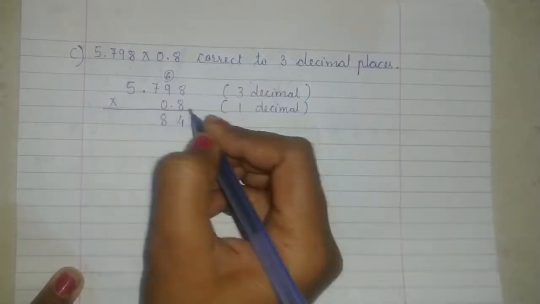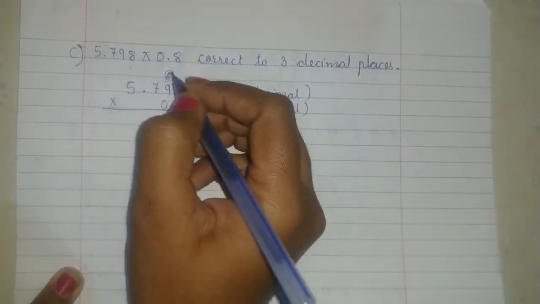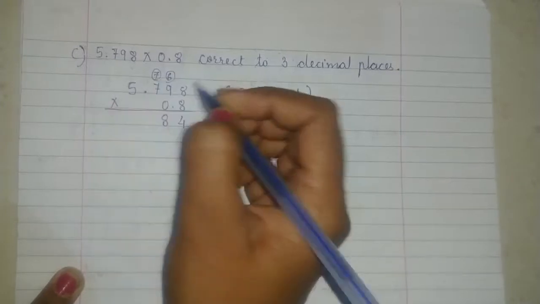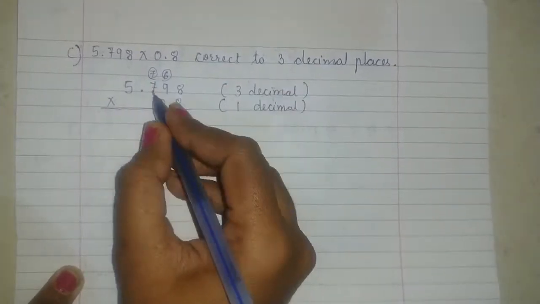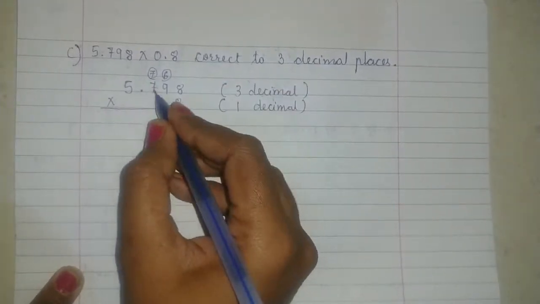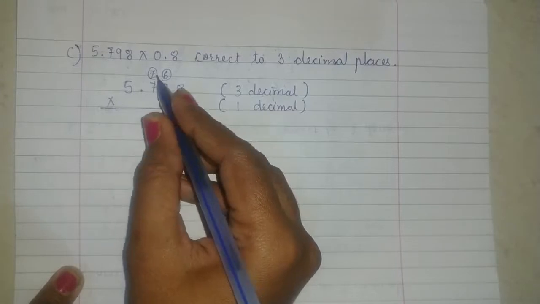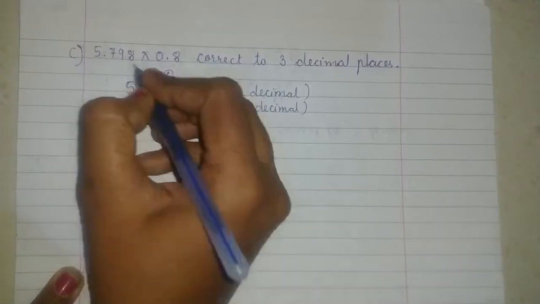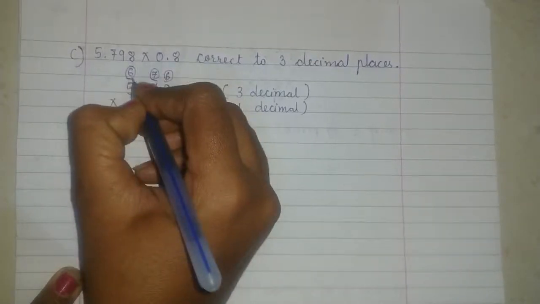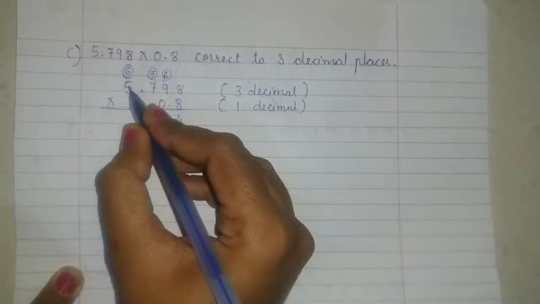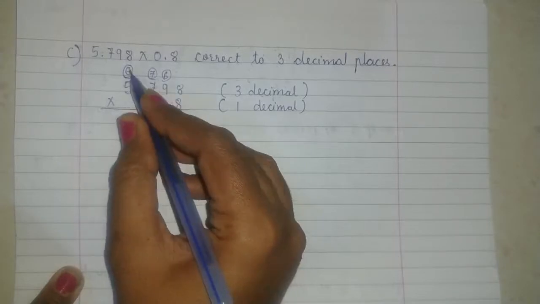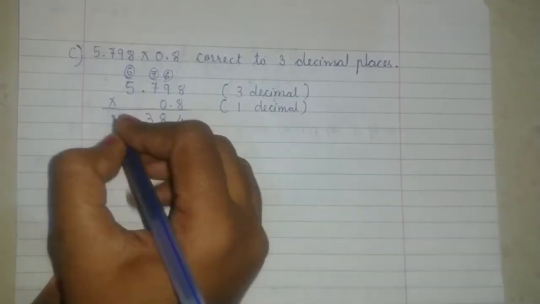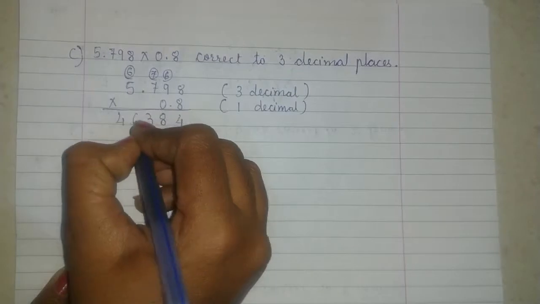So we'll write 8 over here and carry over 7. Now let's multiply. 8 sevens are 56. 56 plus 7, 63. So we'll write 3 over here and 6 over here. 8 fives are 40. 40 plus 6. Yes, 46. So we'll write 46.